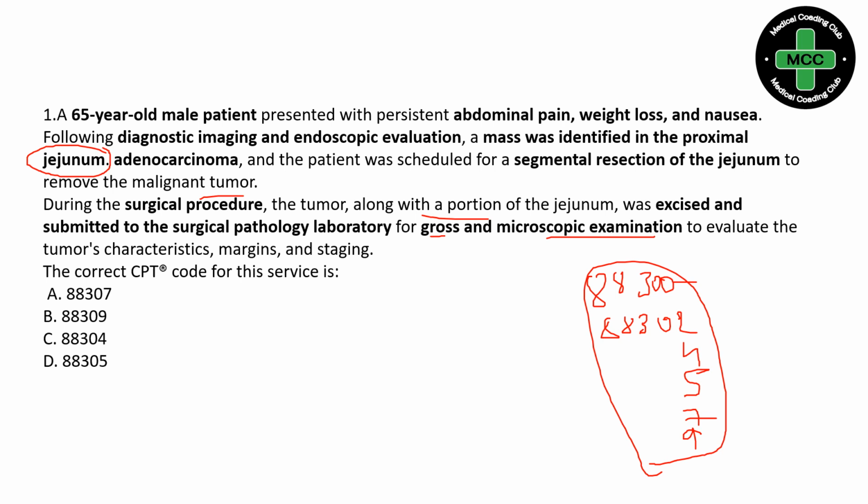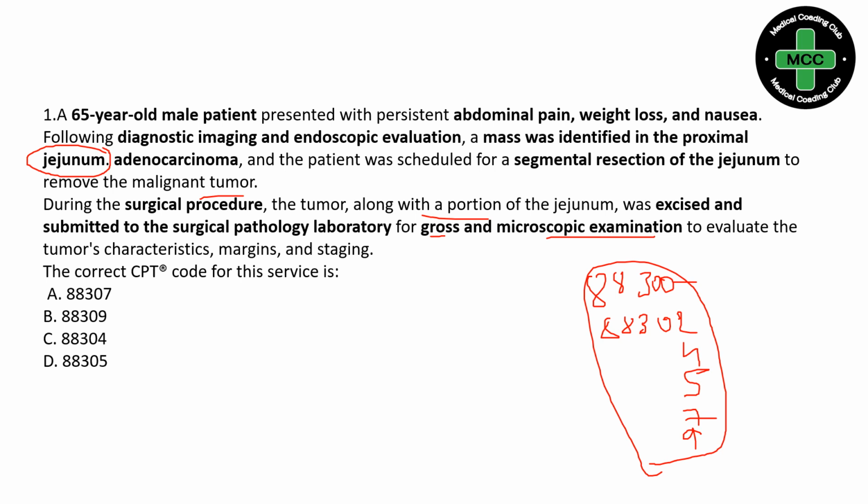Then you check for small intestine, where you will see the same specimen can be listed in multiple levels. At that time you have to thoroughly check what exact procedure it is, and based on the procedure you take the code.